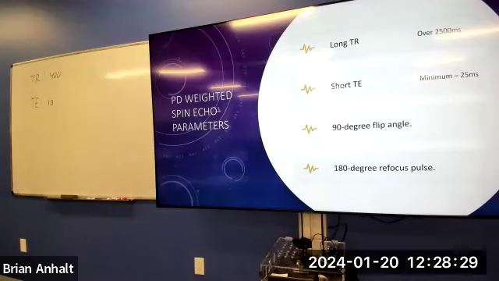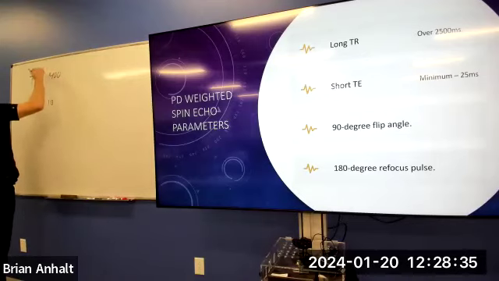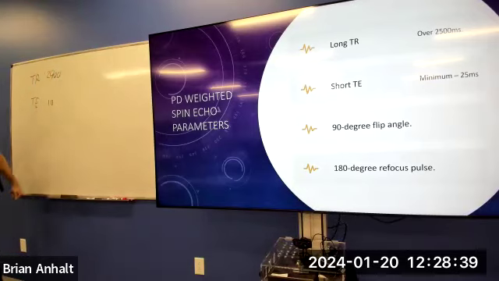What weighting do we have right there? T1. Now what do we got? Proton density, right? Now what do we got?